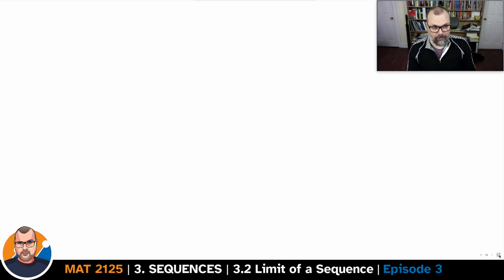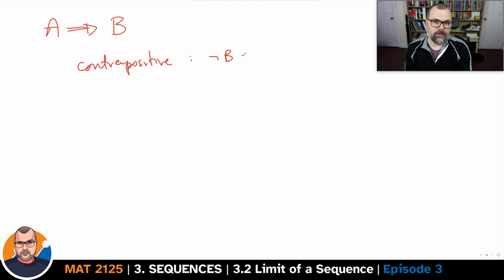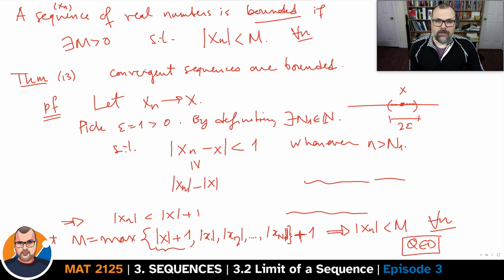I want to formalize what I said about if and only if statements, just in case you don't fully remember these things. When you have a theorem or a result, typically they are of the form if A, then B. The contrapositive of this statement is if not B, then not A. So the contrapositive of the previous statement that says if a sequence is convergent, then it is bounded, would be if a sequence is unbounded, then it is not convergent.